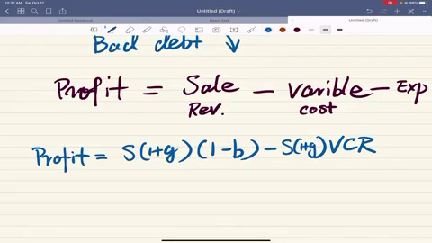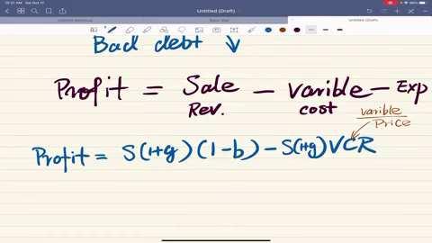VCR rate actually is the variable cost relative to the price. So this is the VCR. It's a rate you can know from your historical data.